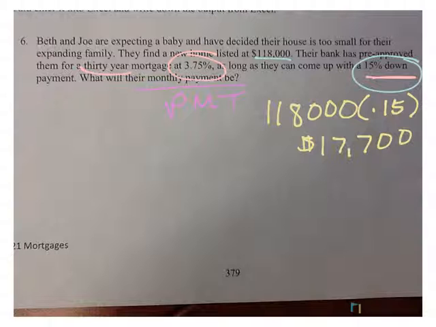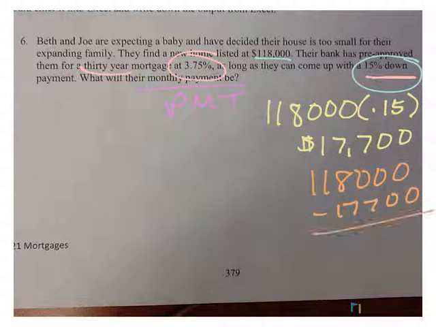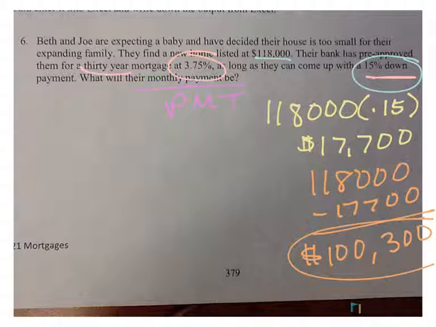Well, when you put a down payment down on the house, it comes off of the amount that you need to borrow, right? So their $118,000 house, and we're going to take off the $17,700. They only need to borrow $100,300. Right? That's the amount to borrow.